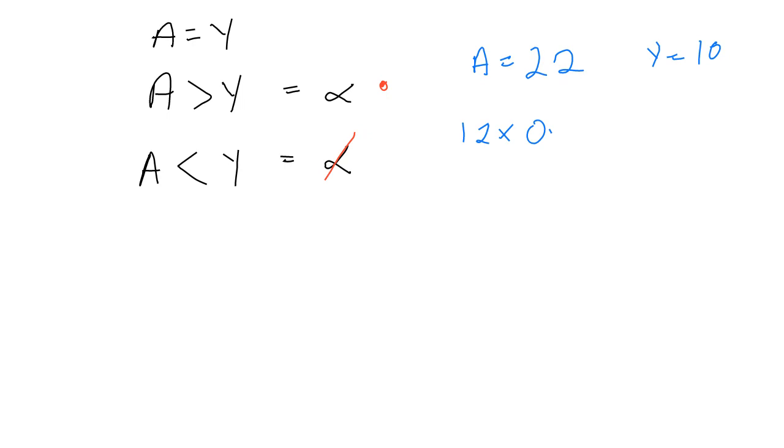If you've got your calculator next to you, please put in 12 times 0.6 to get ourselves to 22 million. Yes, madam? Which should be 7.2.